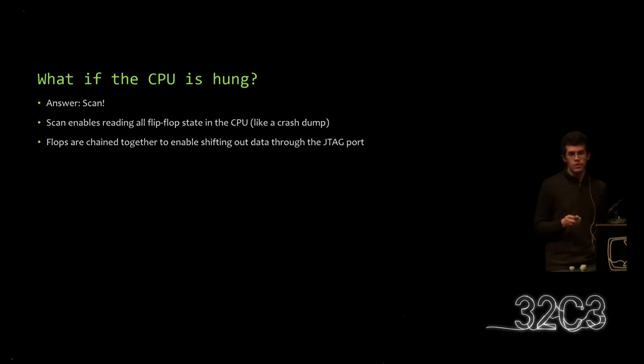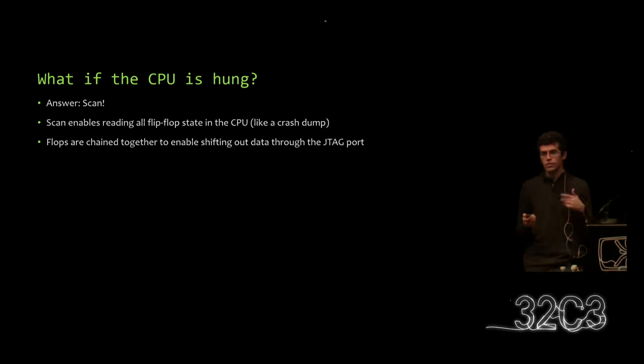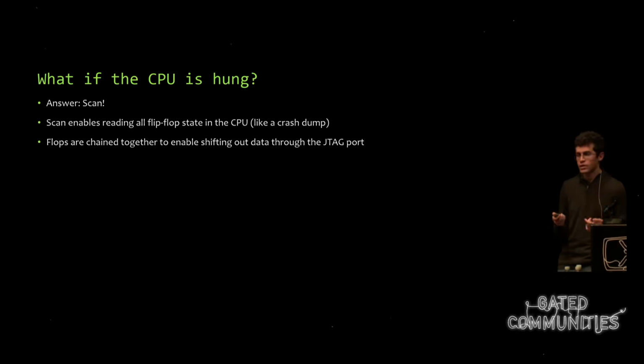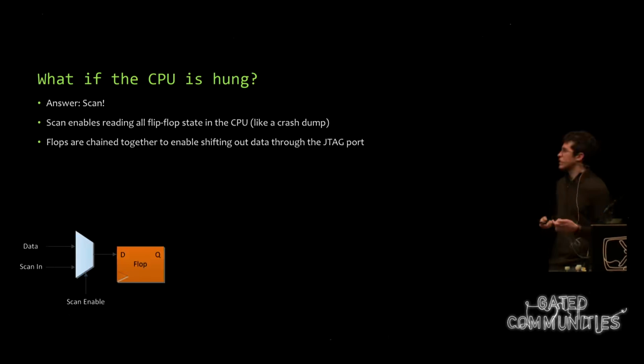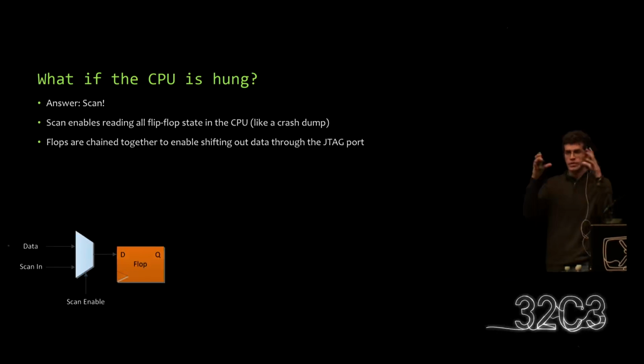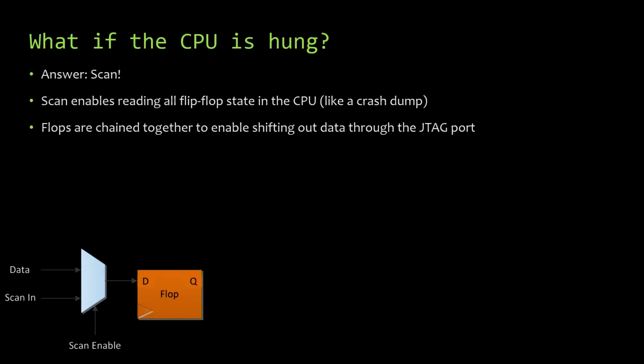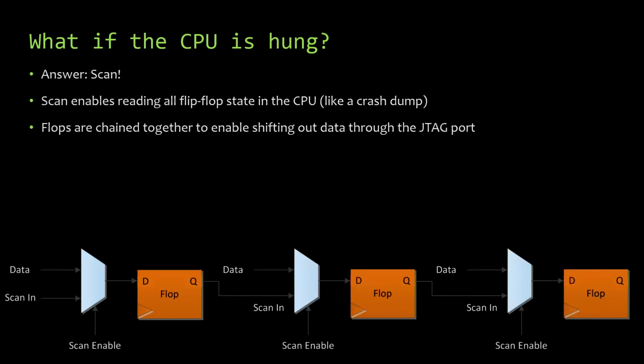And the way this works is that when flip-flops are built into the silicon, they look something like this. So you may remember your standard D flip-flop from class. There's now an extra mux in front of it that selects between the normal data that that flop would store and something called the scan-in data. These are then connected together in a chain like so. So the output of one goes to the scan-in for the next.